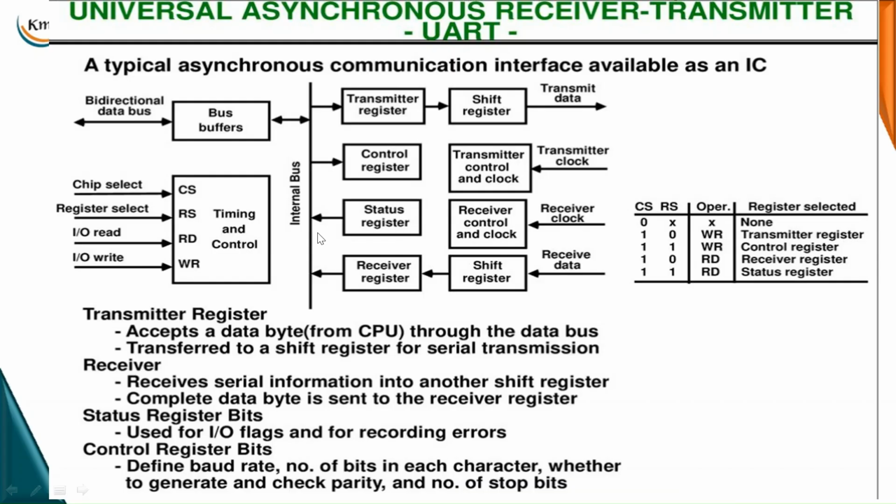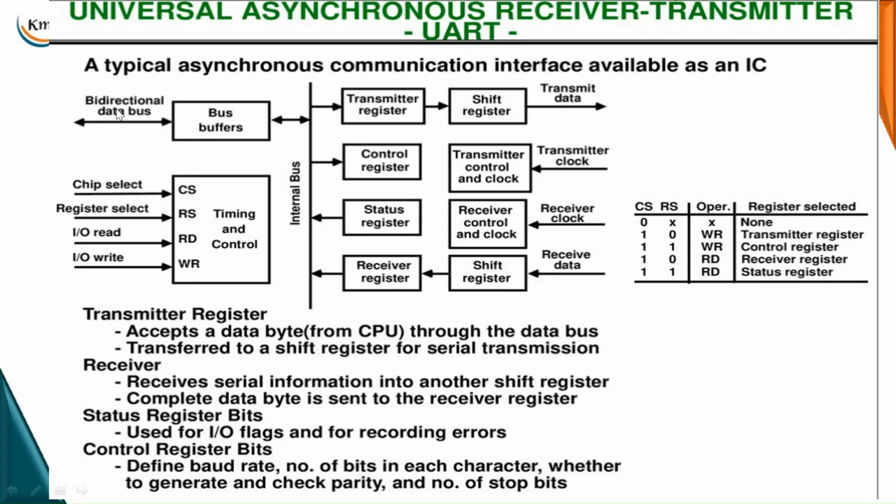Whenever chip select is 1 and RS is 0, it reads the data from the receive register. And when chip select is 1 and RS is 1, it reads the status register onto the data bus.